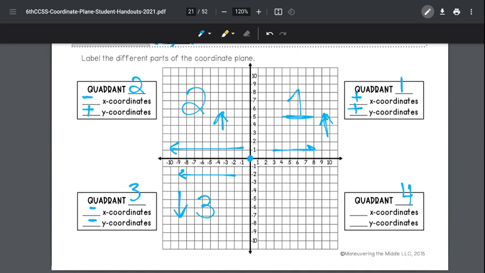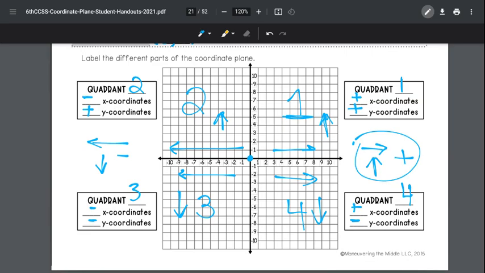And if you're in quadrant 4, you move to the right and then you move down, which means positive and then negative for y. So if you are moving right or up, it's a positive value. If you're moving left or down, it's a negative value. Those are key things to remember.